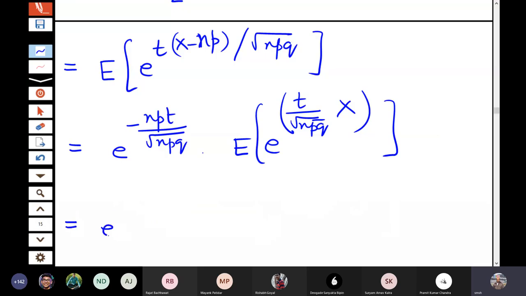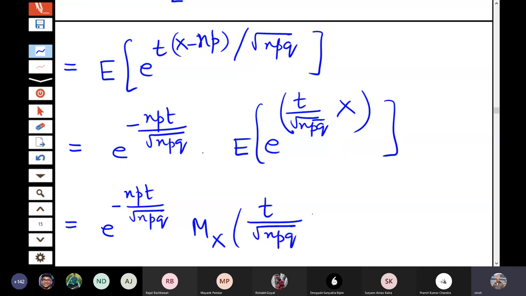That is equal to e to the power minus npt by root npq times Mx at t by root npq, because this is the moment generating function of x at the point t by root npq.